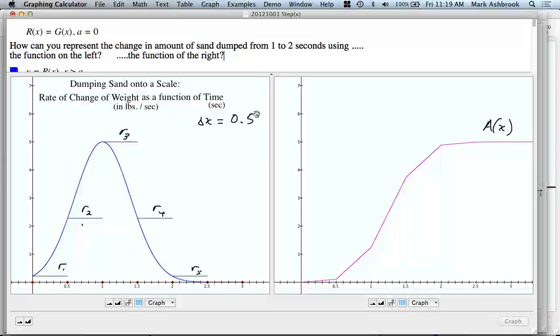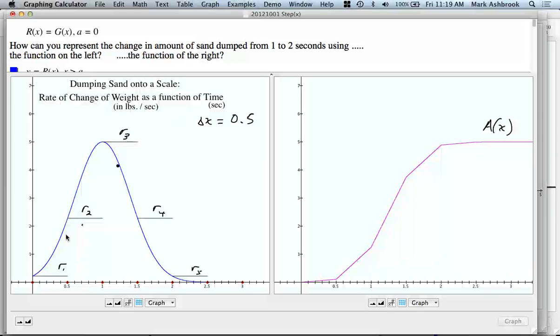And then we get our piecewise linear accumulation function based on those step rates, which is doing its best to model the accumulation of the sand over time. Okay? But it's not exact because it's based on our approximating rate function, right? So it's an approximating function.